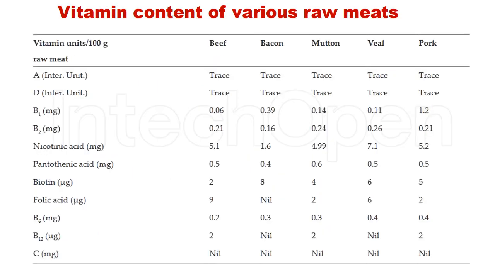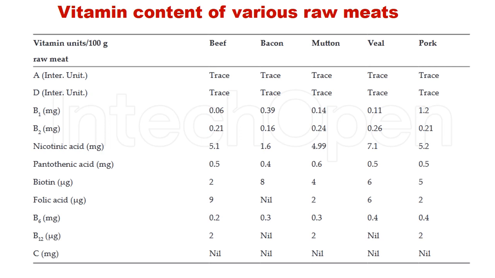Here is a table about the vitamin content of various red meats, and we can see that A, D, E and K are the fat soluble vitamins, but A and D are present at a very low level in all the red meat, whereas B1 is highest in pork, 1.2, and a little better in bacon also.